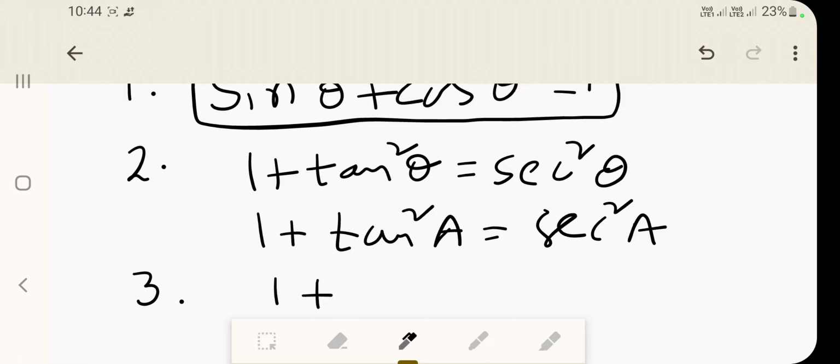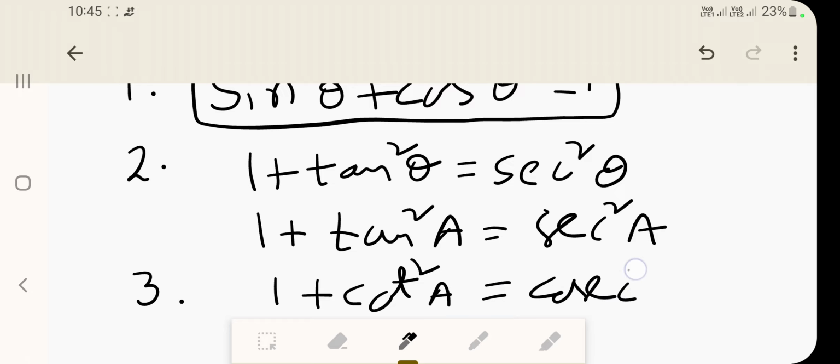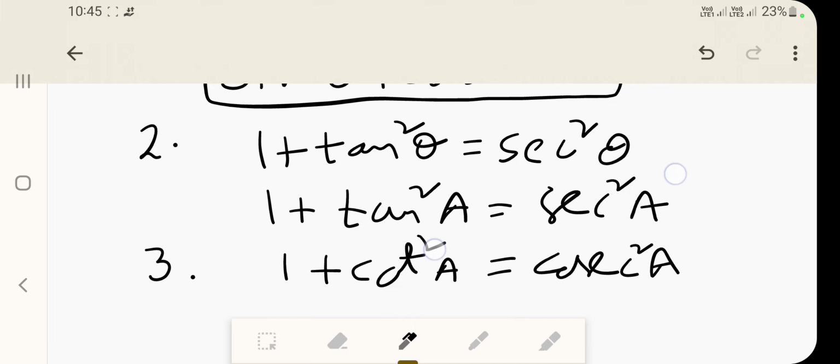Another identity we have is 1 plus cot square A is equal to cosecant square A. This is valid for all the angles except where A is 0.